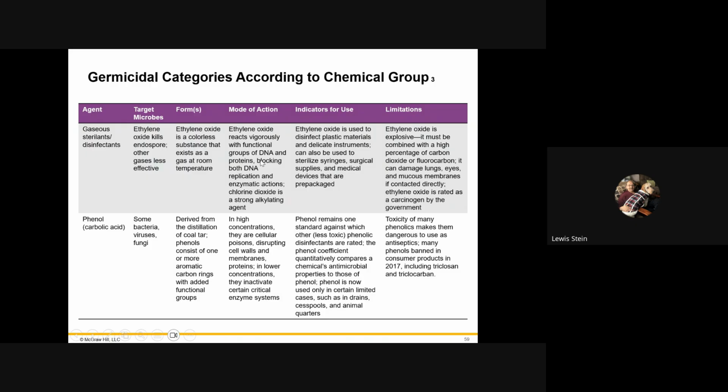Gas at room temperature, destructive to plastics, delicate instruments, syringes, supplies, medical devices. All of them are done with poison gas.